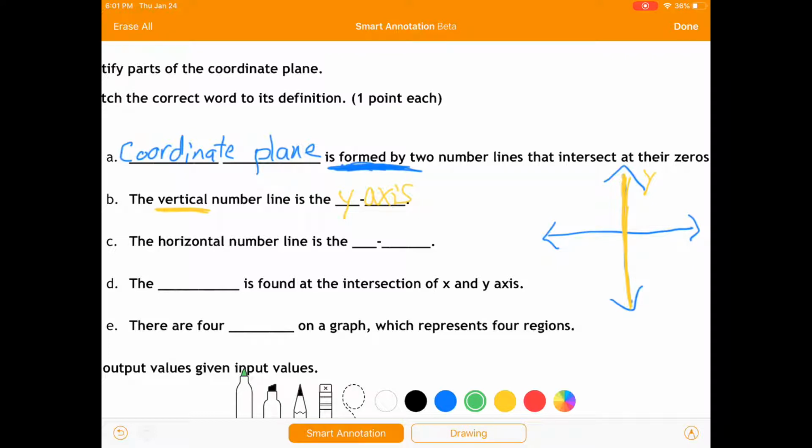Now C, our keyword is horizontal number line. Our horizontal number line is the one going from right to left or left to right on our coordinate plane. These are going to be representing our x values. So this number line is called our x-axis.